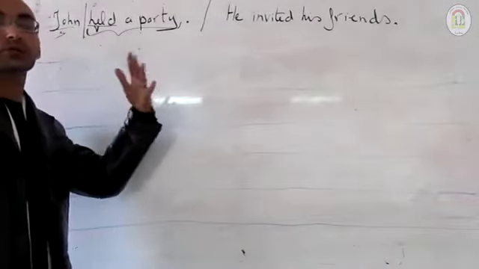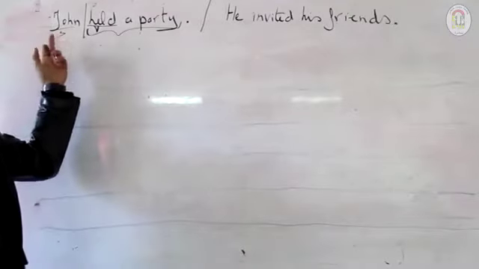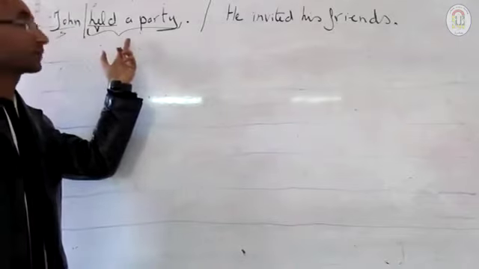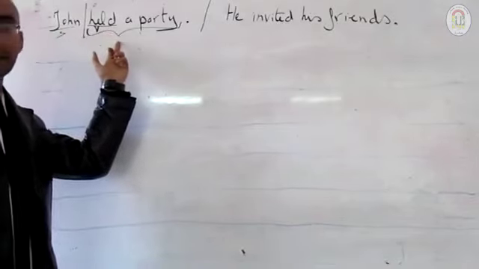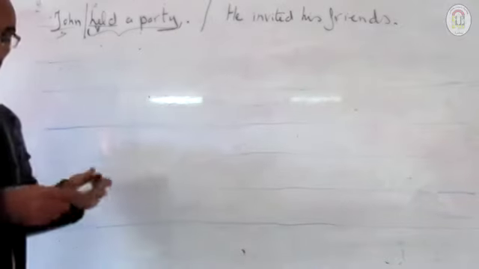From now on I'm going to use verb instead of predicate: one subject and one predicate containing one verb. It is a simple sentence, because it consists of subject plus predicate, which contains only one verb.